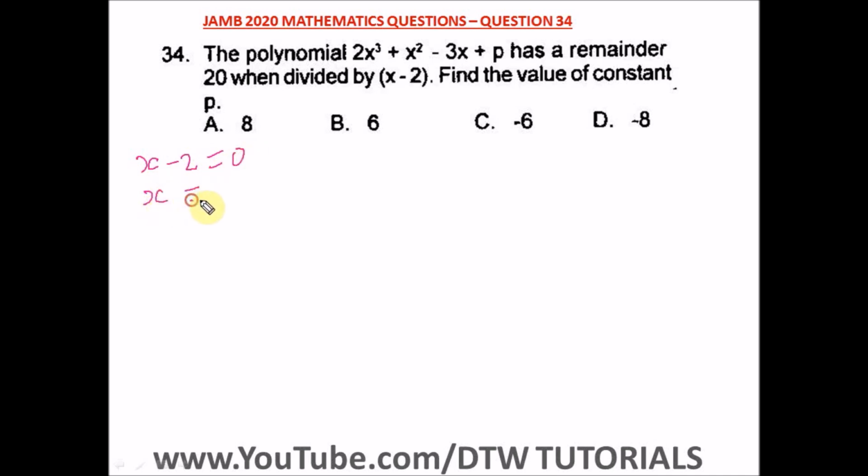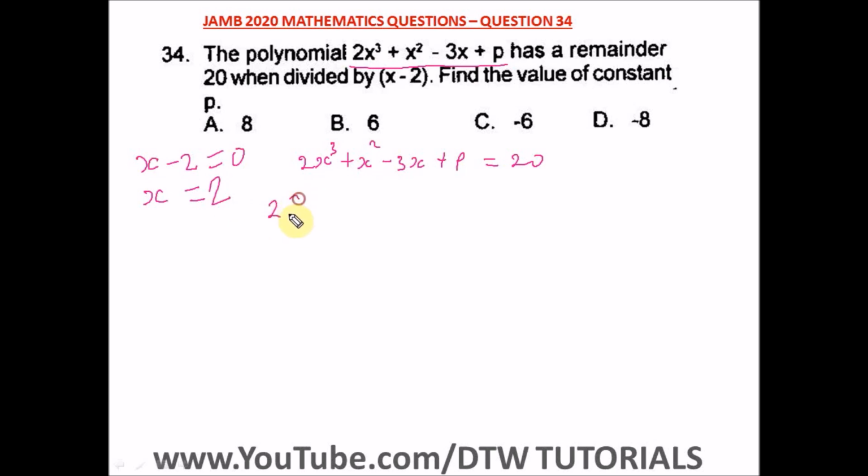Therefore, x equals 2. Anywhere we see x in this question, we substitute 2. So we write 2x cubed plus x squared minus 3x plus p equals 20.